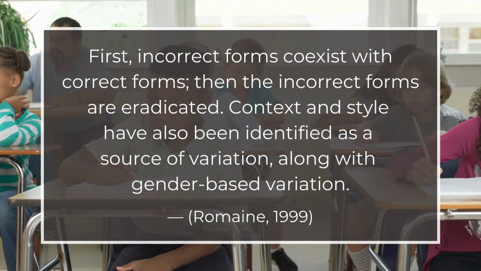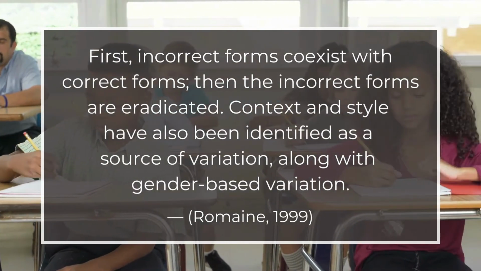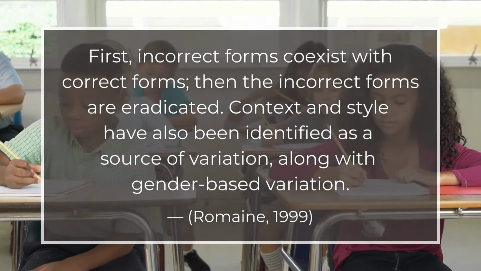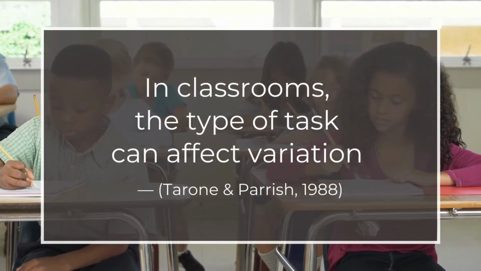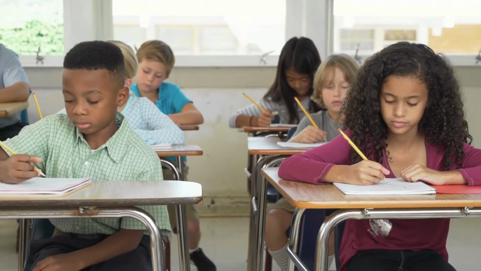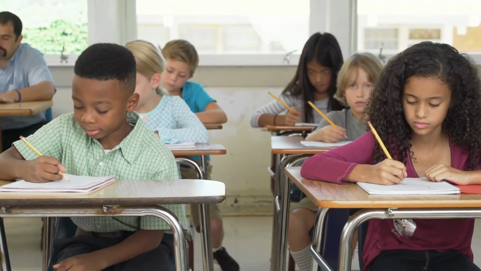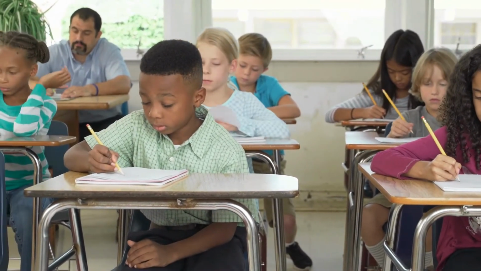Context and style have also been identified as a source of variation along with gender-based variation. In classrooms, the type of task can affect variation, and variation can be caused in both tutored and untutored learning by the extent to which a learner is exposed to norms.